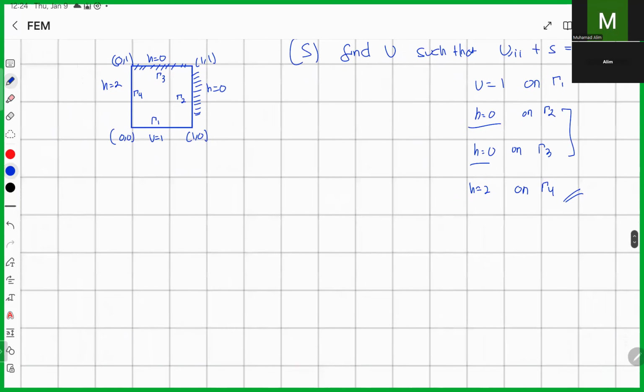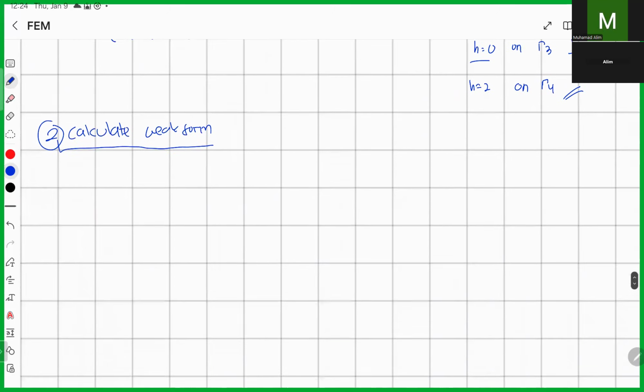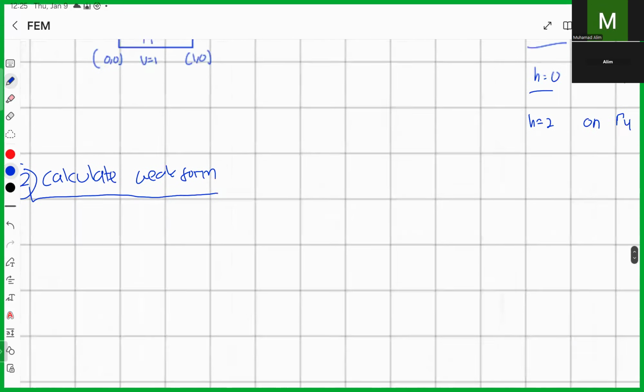Now what we're going to do is to calculate the weak form. In finite element, we have to construct the weak form before we get the stiffness matrices. So how do we calculate the weak form?